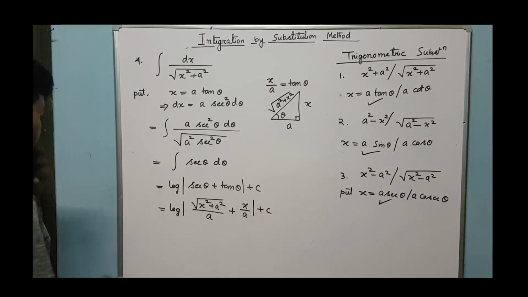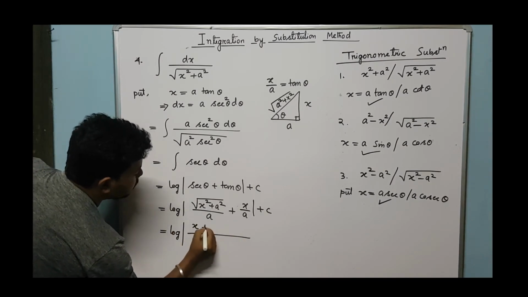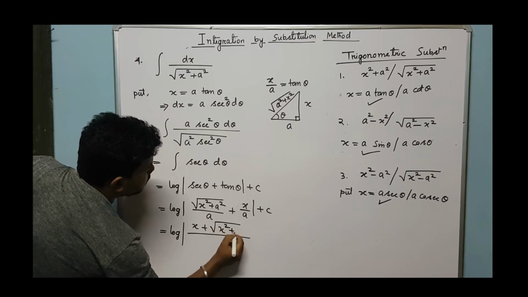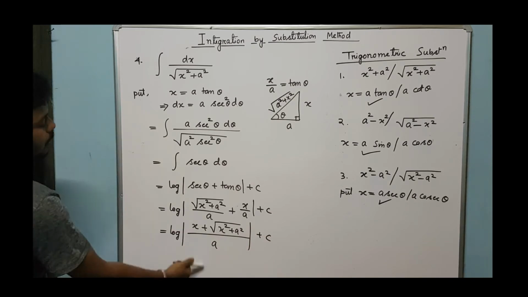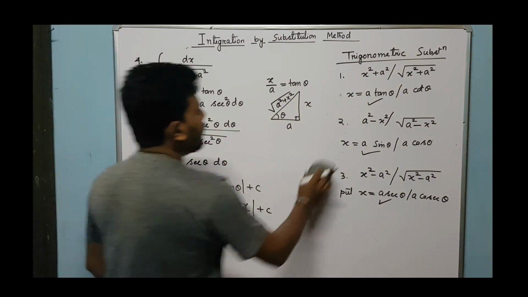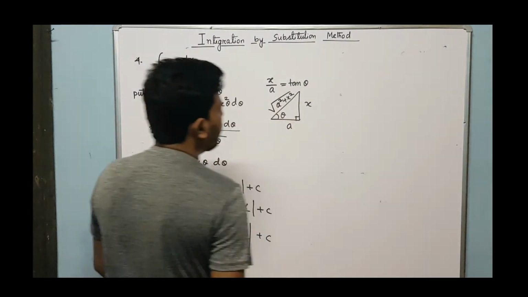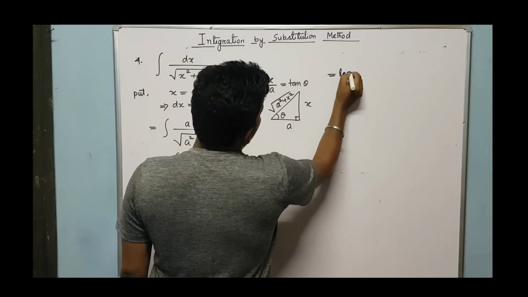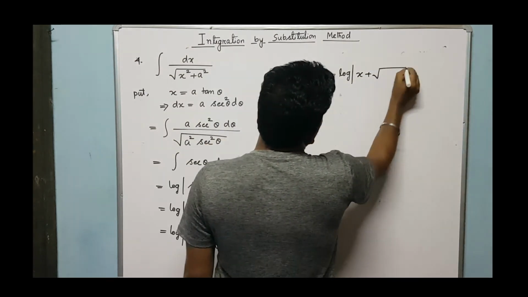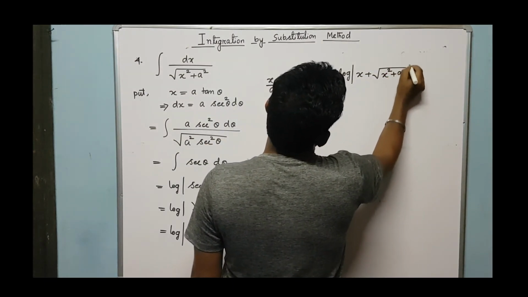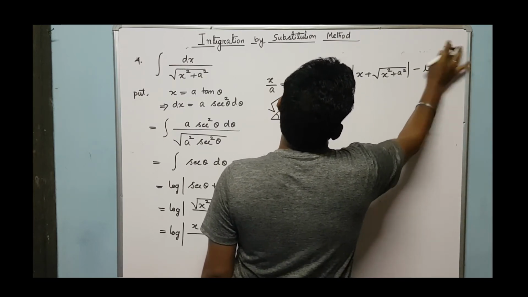If you take LCM, you will get log of mod of x plus square root of x square plus a square by a. What is log a by b? Log a minus log b. So this can be further expressed as log of x plus square root of x square plus a square minus log a, plus the constant c.